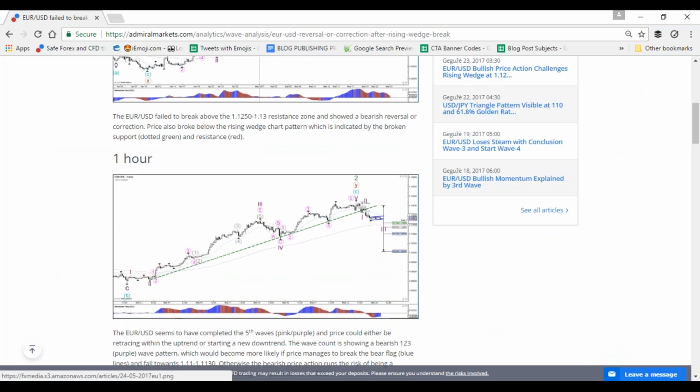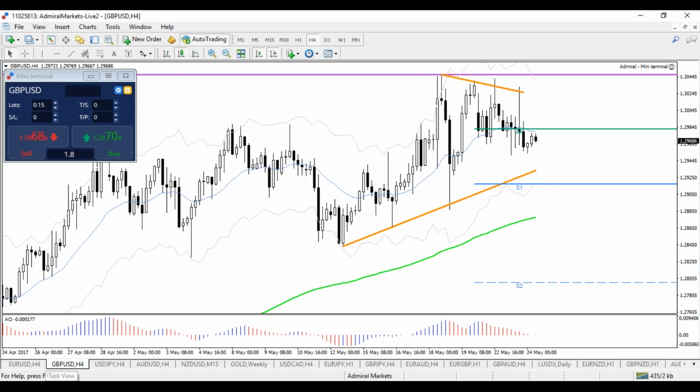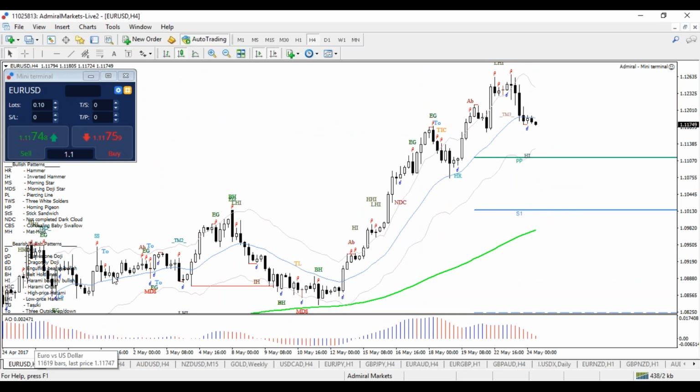So let's take a look at some of those candlestick patterns that we might have seen with the euro dollar. First of all, what is critical support and resistance? This is something that you can automate or you can do manually. Automation could be, for instance, the Murray math levels using fractals.